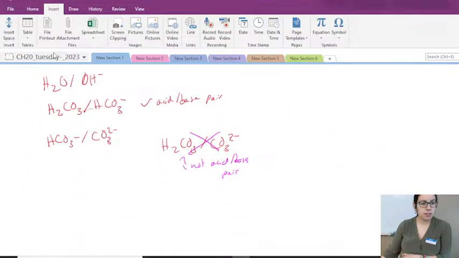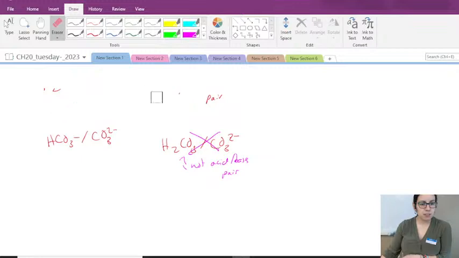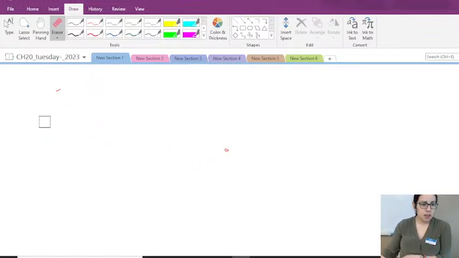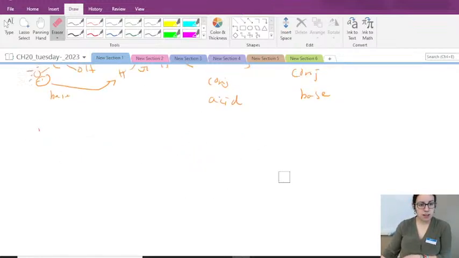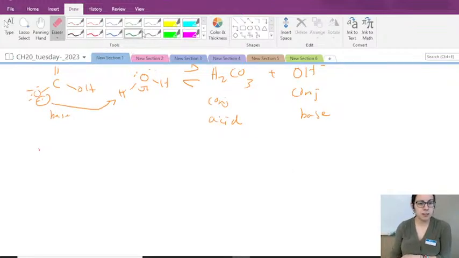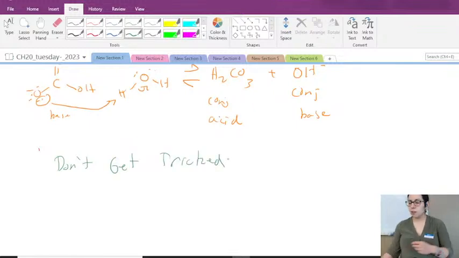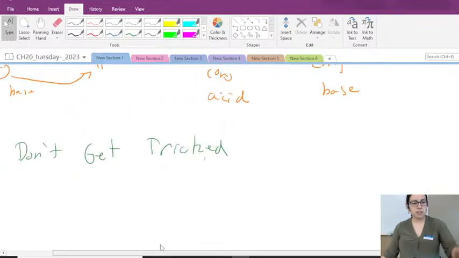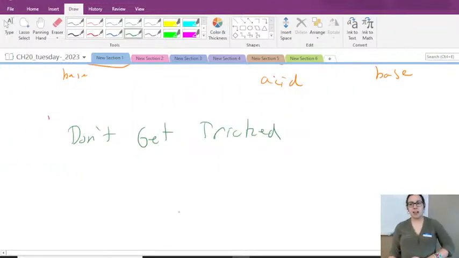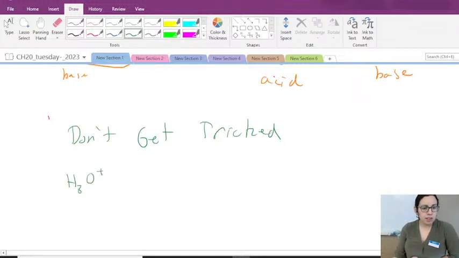Excellent. And then, sorry, let me erase those old notes. What I was writing down here is: don't get tricked. Often on your exams or questions, you see stuff like identify the conjugate acid-base pair. All I mean by that is, for example, hydronium and water. This would be an acid-base pair.